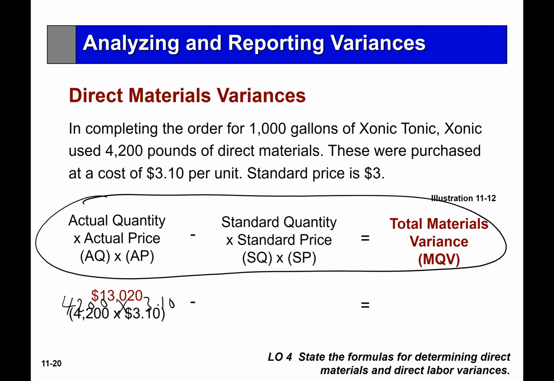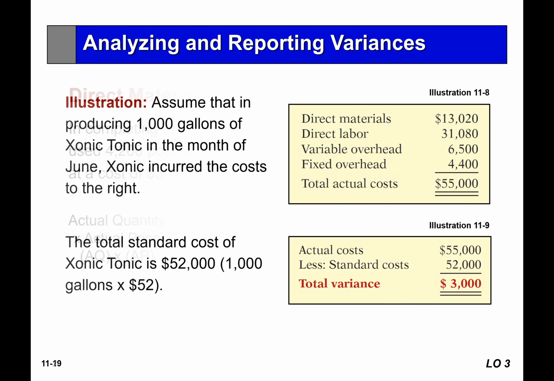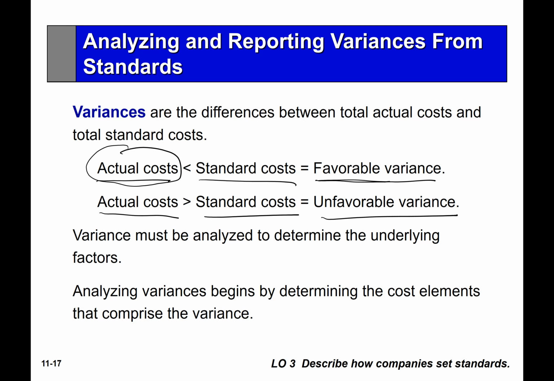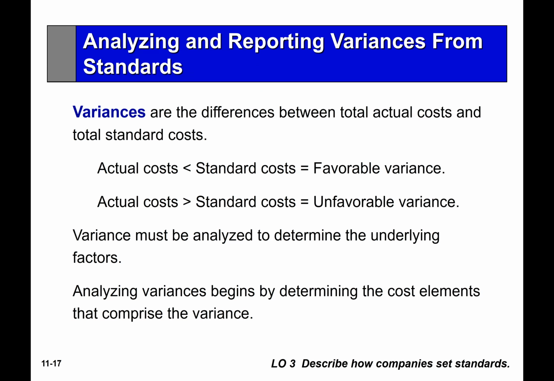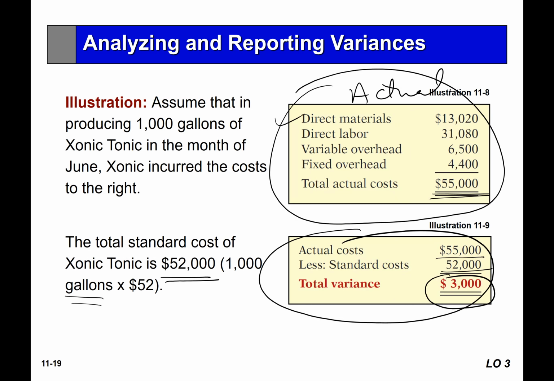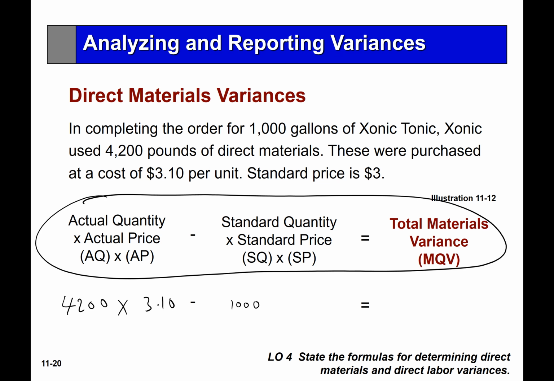Now standard quantity into standard price. Remember, how are you going to find your standard quantity? It is 1,000 pounds, and how many pounds you need. If you remember, the number was 4 pounds. So to get your total standard quantity, you multiply that by 4, which is 4,000 instead of 4,200.